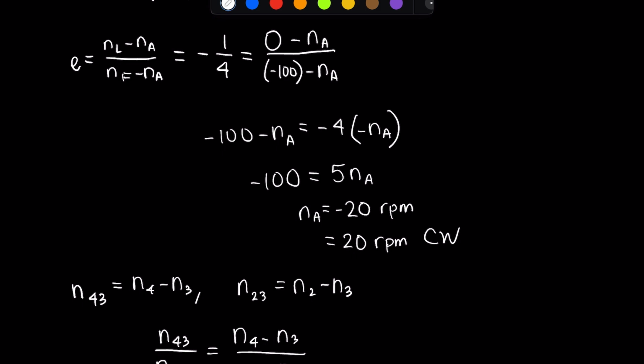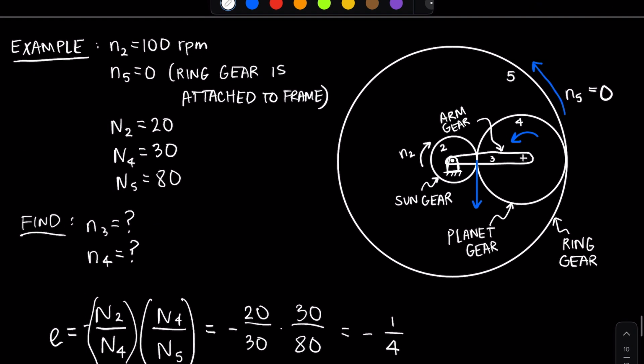Okay, and now we're going to look at our gear train again, and this time we're going to ignore the ring gear, and we're going to look at gear 4 as our output. So when we do that, first of all, we can see that we're going to get a negative number, right? Gear 2 is rotating clockwise, gear 4 is rotating counterclockwise. They have opposite directions, which means that the train value will be negative.